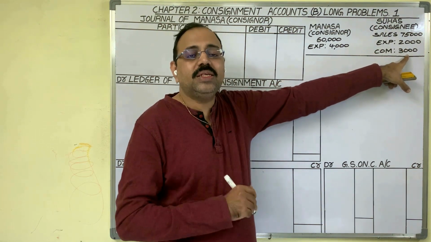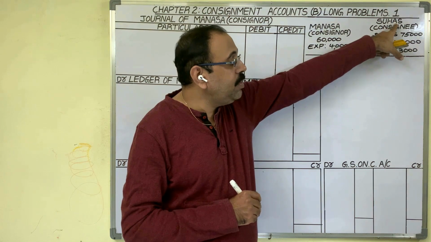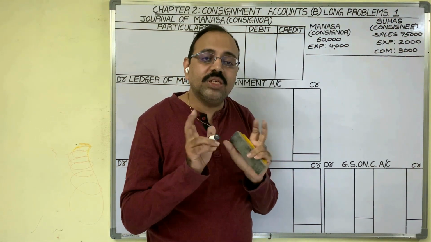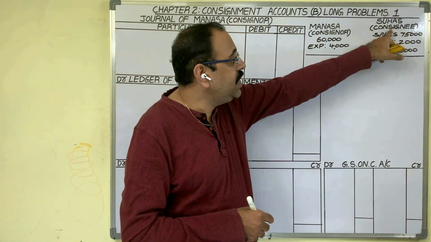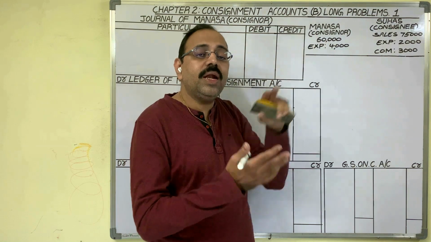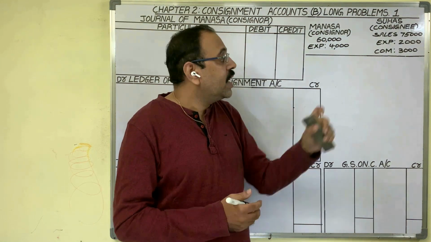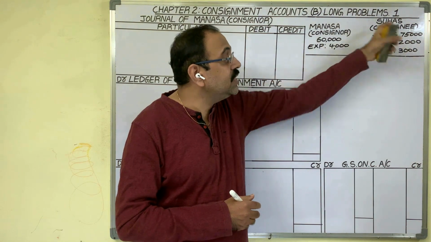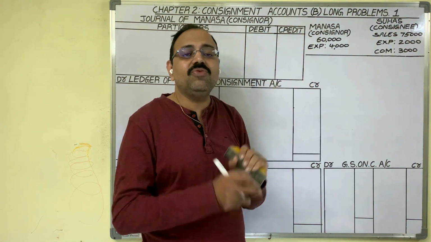So with all these details, the consignee prepares one statement which is known as account sales and sends that statement to the consignor. Based on that account sales only, the consignor makes a record of the consignee's transactions in his books. So this is the question.